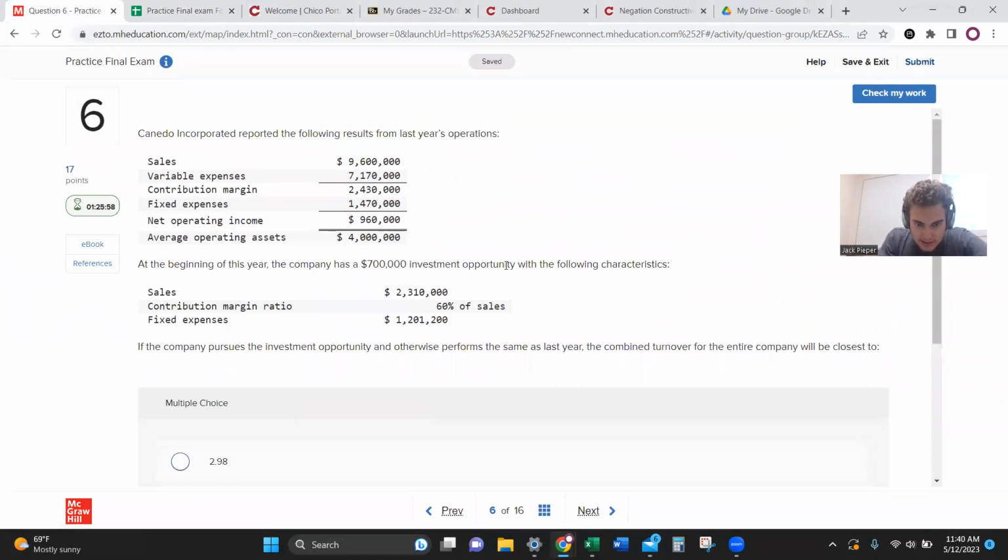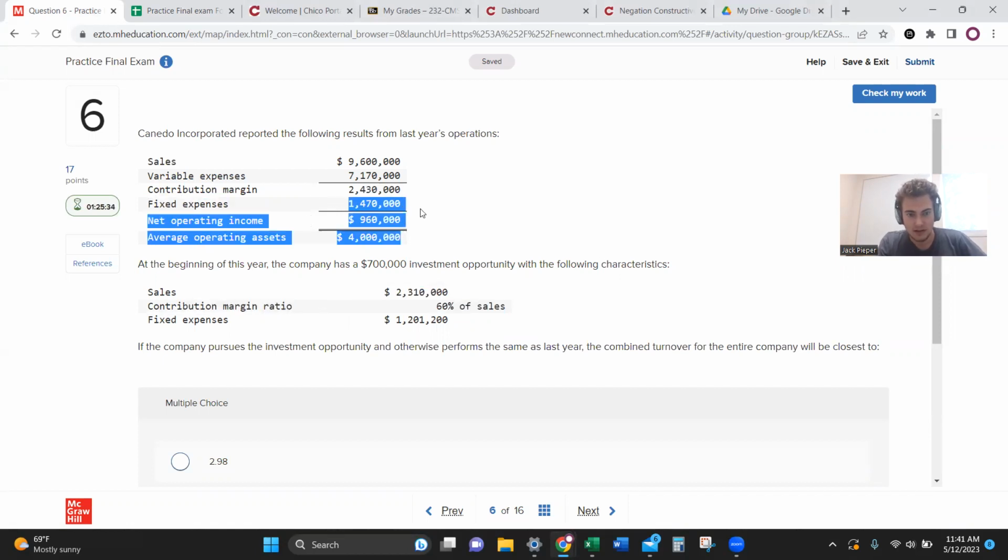Also, take a look at this. Contribution margin ratio of 60% is pretty good. That means for every dollar we sell, we get to keep 60 cents. Most retailers operate on like 20% margin if you're lucky. So operating on 60% margins is pretty good. Keep in mind, that's not margin in the conventional sense, that's the contribution margin. So you do have to pay for your fixed expenses afterwards.